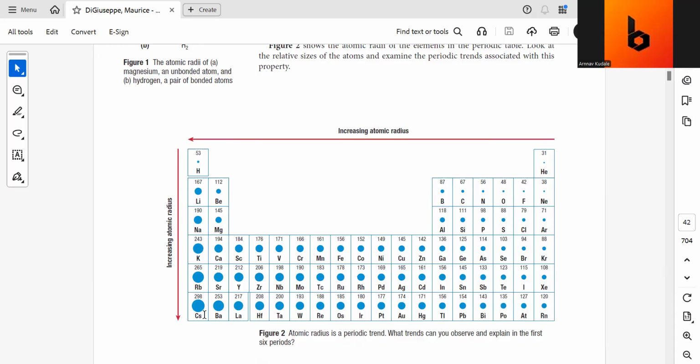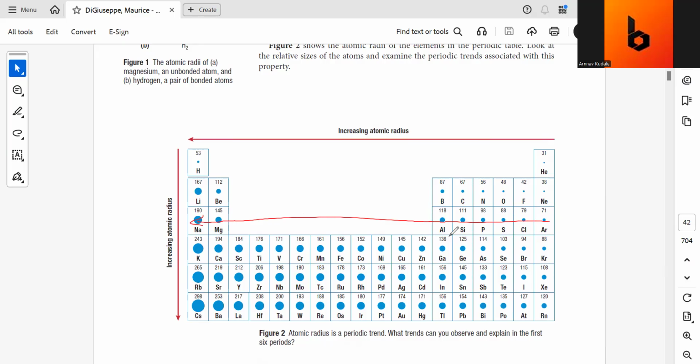Now let me take the example of the third period over here, and we'll go left to right in the periodic table. If you notice, there is a decrease in the size. So as you go left to right in the periodic table, the size is decreasing. Correct?